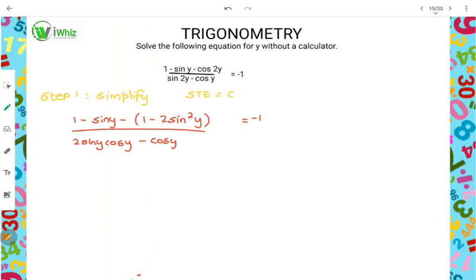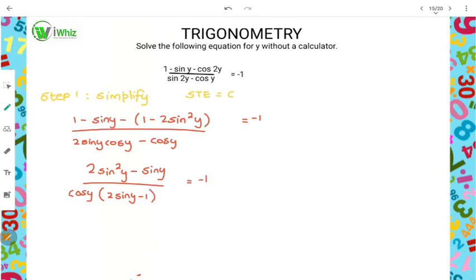What will I be left with? I'll be left with 2 sin squared y minus sin y, all over, if I take out cos y as a common factor, cos y into 2 sin y minus 1, equal to minus 1.